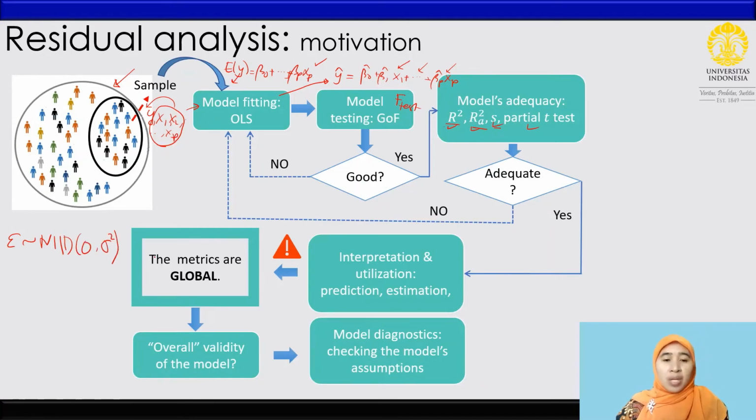To make sure the validity of the model is guaranteed, we have to do model diagnostics, that is, checking the model's assumptions. The assumption relies on the error term: the error is normally distributed, the error is independent, the error mean is 0, the error variance is sigma square. So we have to work with the errors.